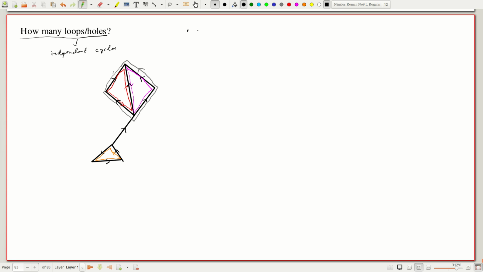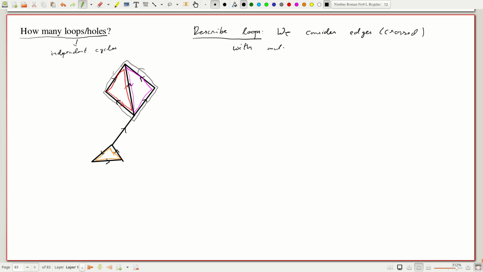But the thing is, we consider, or rather, the first thing we have to do is describe loops. So what do we mean by this? We consider edges, by which I mean the edges crossed, with multiplicity.